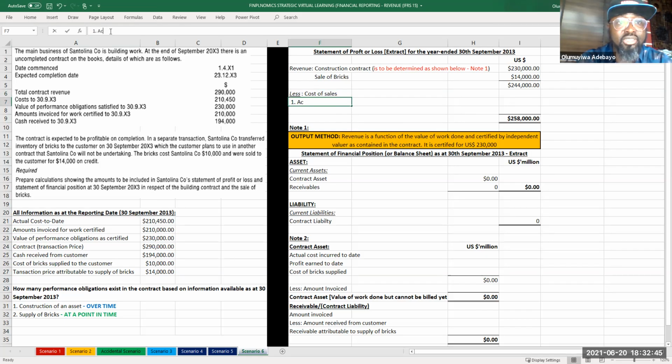I can break it down into my actual costs incurred to date on the construction, and two, my cost of bricks sold.